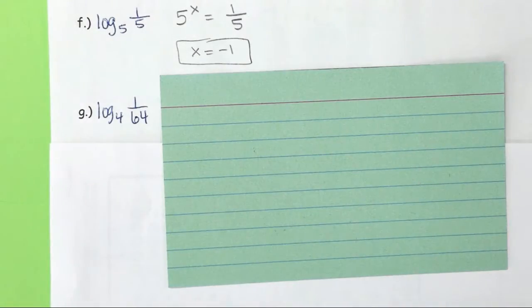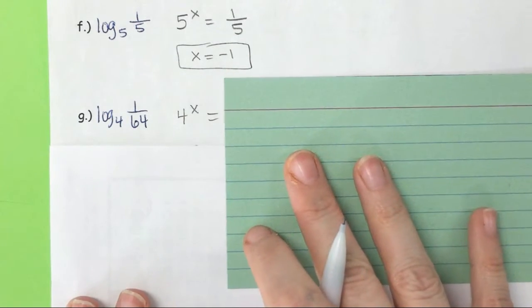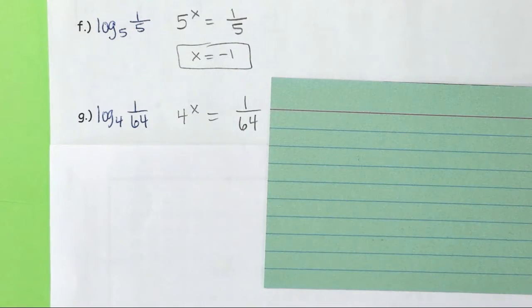Alright, and then I have log base 4 of 1 over 64. Okay, so Kaylin, what do I know right away when I set this up? It's going to be a negative number. Good. So are we all on the same page that this is going to be a negative? Alex Dale, how do we know this is going to be a negative?